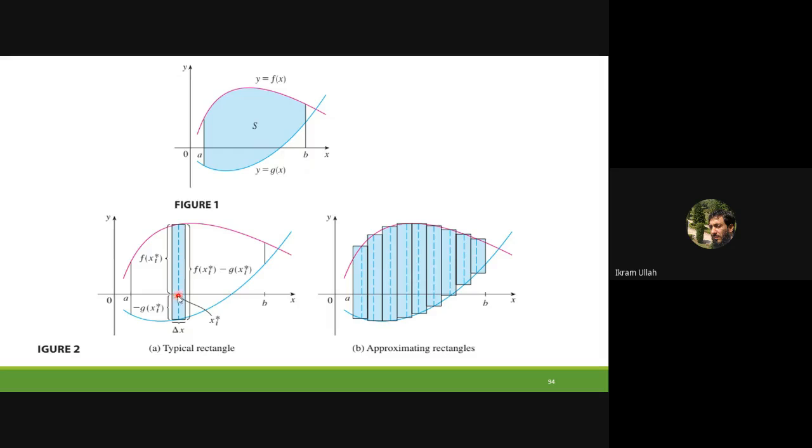So let this be the ith sample point xi star, and the width of this rectangle is delta x. Here this is f of xi star, the value of the function at this point, and g of xi star is the value of this function at xi star. So the height of this rectangle is f of xi star minus g of xi star, where xi star represents the sample point.